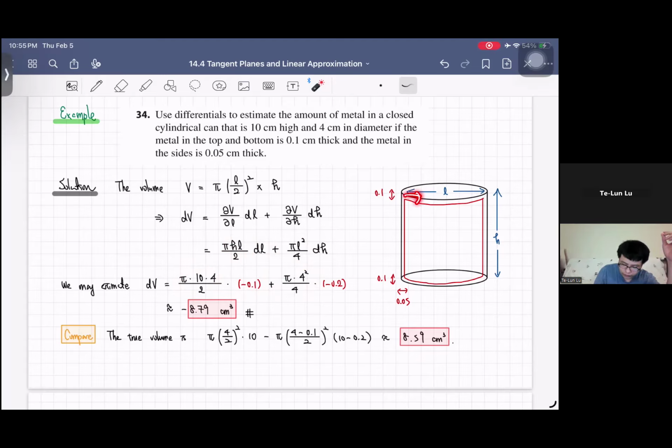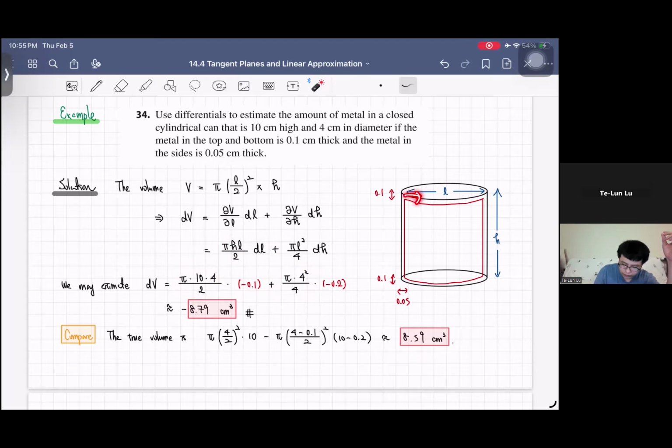Similarly, this 4, which is the L squared, will be 4 minus 0.1 squared times plus 0.2 because we're increasing the diameter and the height. You should get a similar answer, maybe 8.6 or 8.7 or 8.9, I'm not sure, but 8 point something. Those numbers are all close to the actual volume, which is 8.5.